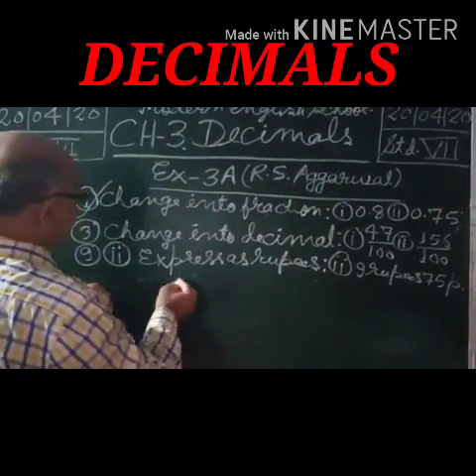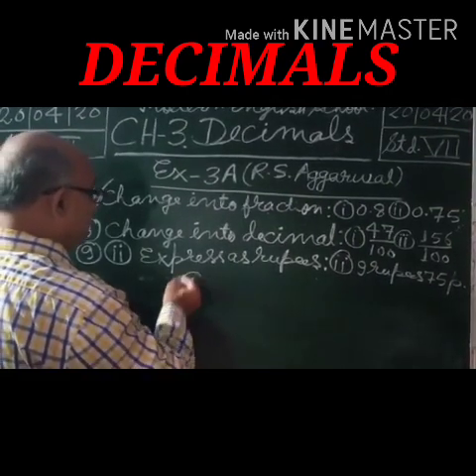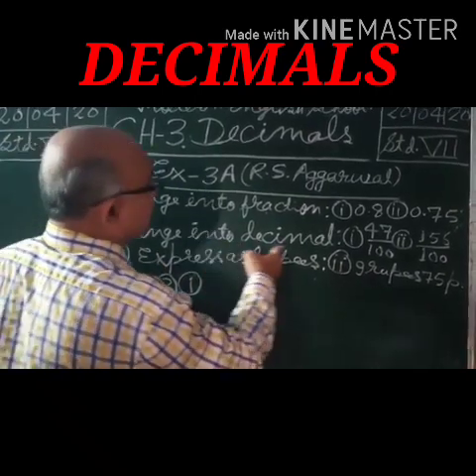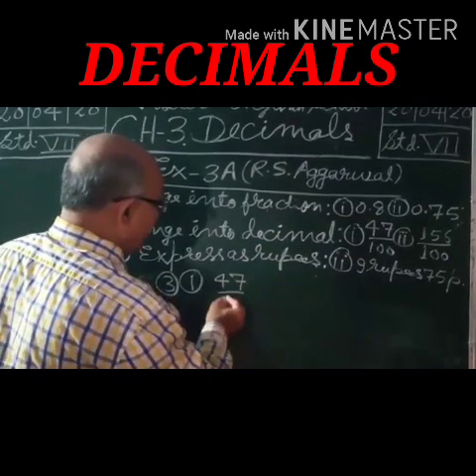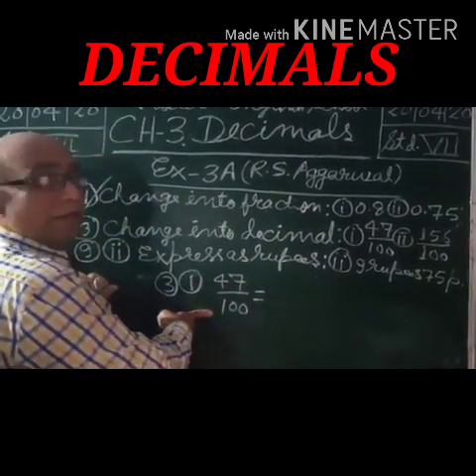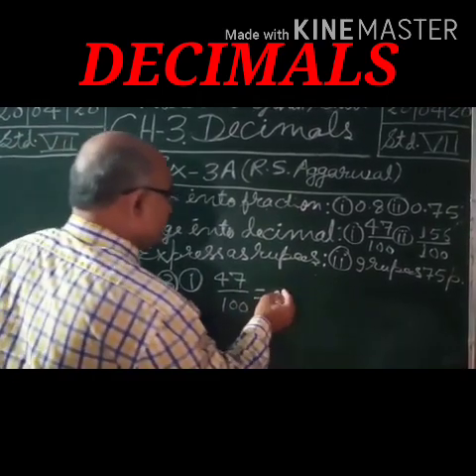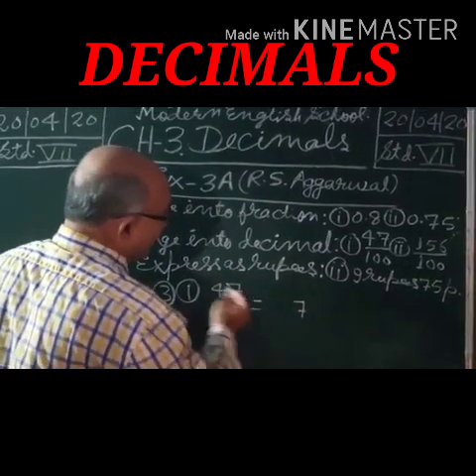Question number 1 of 3. Change into decimal. 47 by 100. Here 47 divided by 100. After 1, 2 zeros. So decimal changes 2 places, right to left.